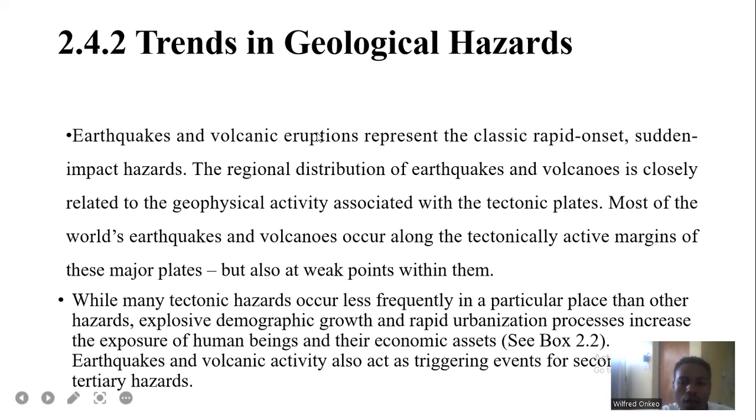Most of the world's earthquakes and volcanoes occur along the tectonically active margins of these major plates. While many tectonic hazards occur less frequently in particular places than other hazards, explosive demographic growth and rapid urbanization increase the exposure of human beings and their economic assets. Earthquakes and volcanic activity also act as triggering events for secondary and tertiary hazards.